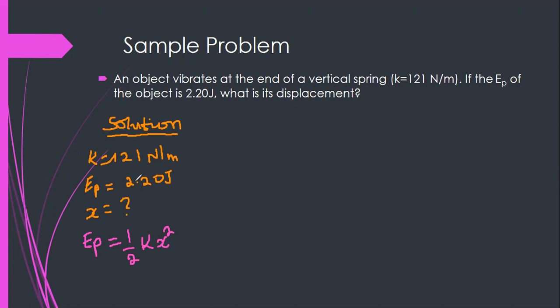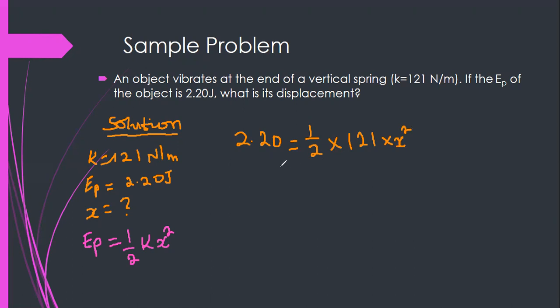We have our potential energy as 2.20, so we write it as 2.20 equal to 1 over 2 times the spring constant, which is 121, times x squared, which is the displacement.